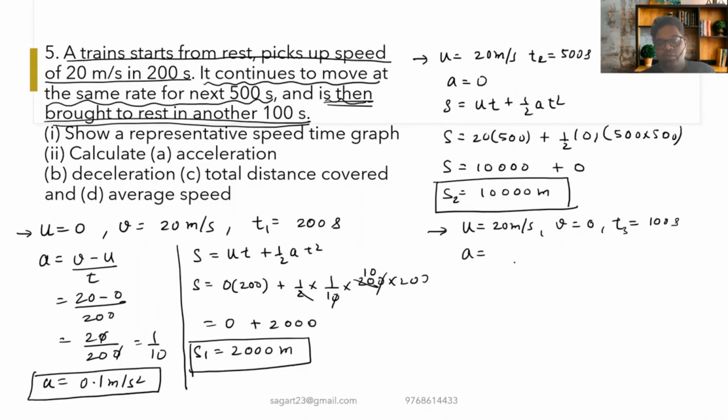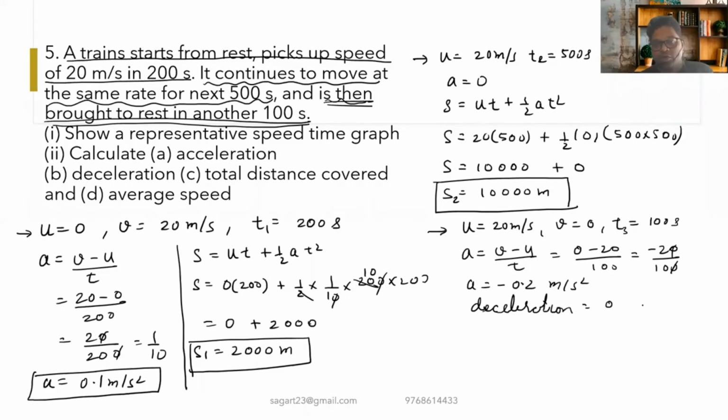V minus u upon t, and that will be 0 minus 20 upon 100, and acceleration is negative 0.2 meter per second square. And so therefore we get deceleration or retardation equal to 0.2 meter per second square.